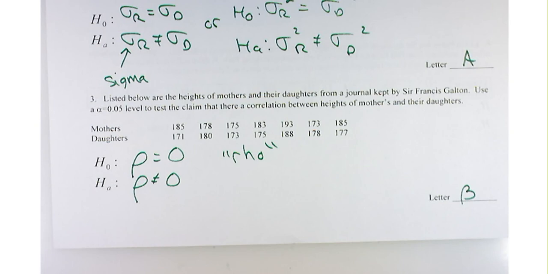Why? What does P represent for us in terms of proportion? That's a completely different test, completely unrelated. So P and rho, I might have to mark that one wrong if you put rho where I expected P or vice versa. So, yeah, sorry about that.